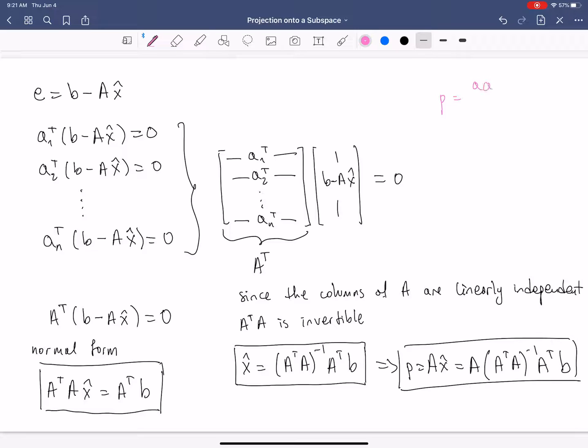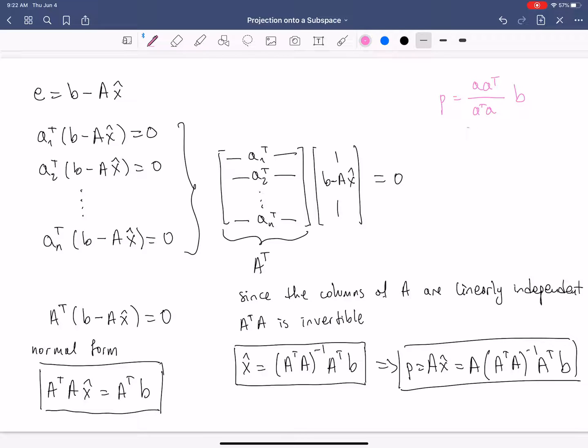It was A transpose over A transpose A. Well, putting A transpose A in the denominator is the same as taking the inverse of A transpose A. And because in the one-dimensional case I have a number, I could very well put it in the middle. But when you talk about matrices, you have to respect the order. You cannot switch things around. I'm just trying to point out that this expression is consistent with this expression. So if you take A to only be one column vector, then you can rewrite this matrix as that matrix. I am missing a B here.